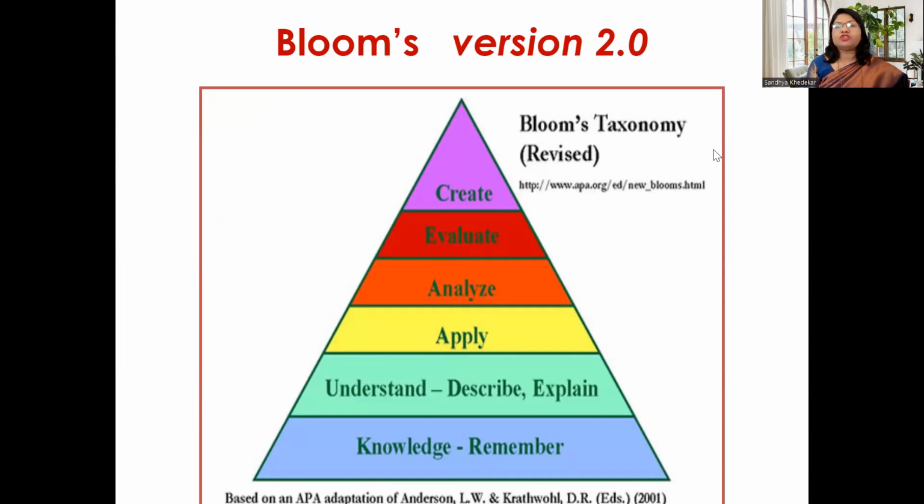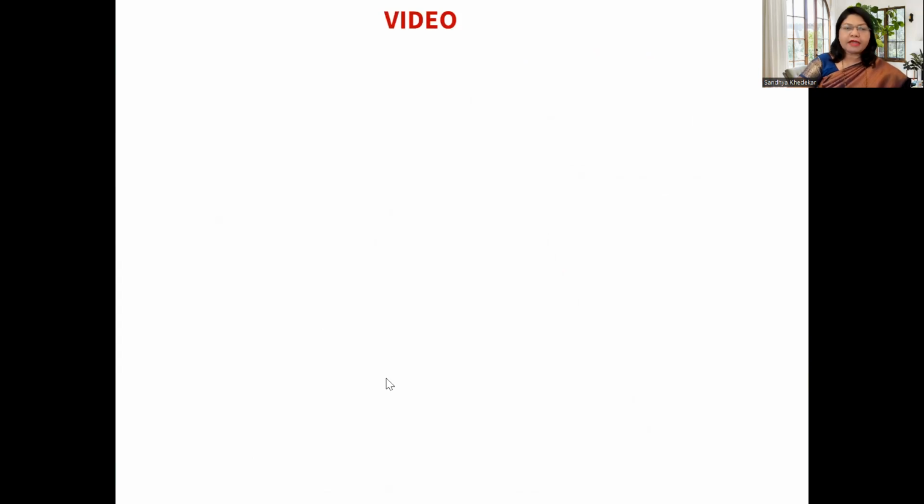So after evaluation, after examination, our role is not over. We have to create something out of that. Because why are we teaching? We are producing some kind of knowledge for the student. The student tries to understand. The student applies that knowledge and understanding in different situations. They try to analyze. Then the evaluation part is there, and after evaluation, creation is one of the important aspects.